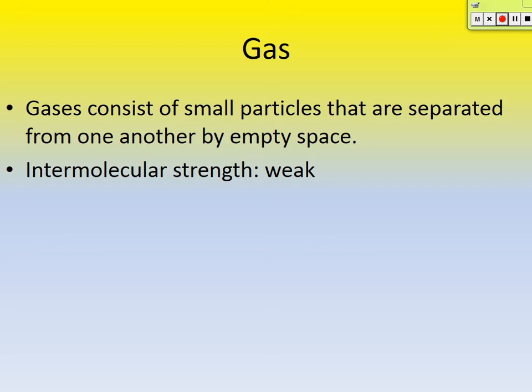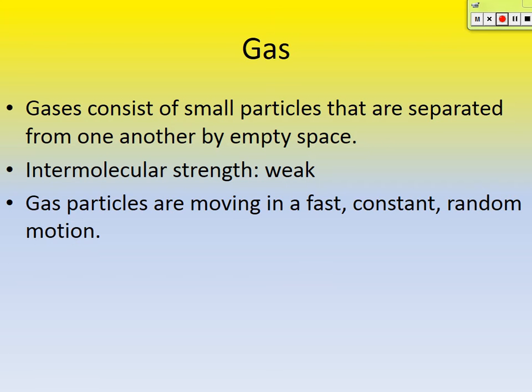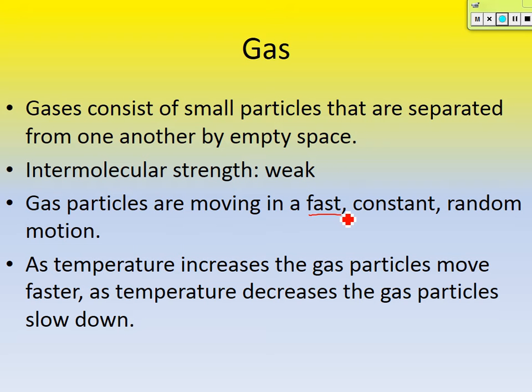The intermolecular strength is weak. The gas particles are moving in fast, constant, random motion. So the air molecules in this room are moving around pretty fast, at a constant motion, just going in random directions. They bounce off each other, and that's what's happening in the gas phase.